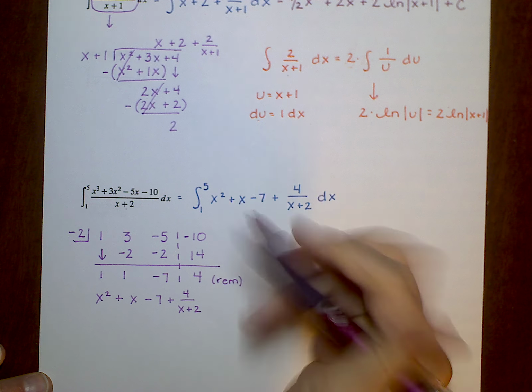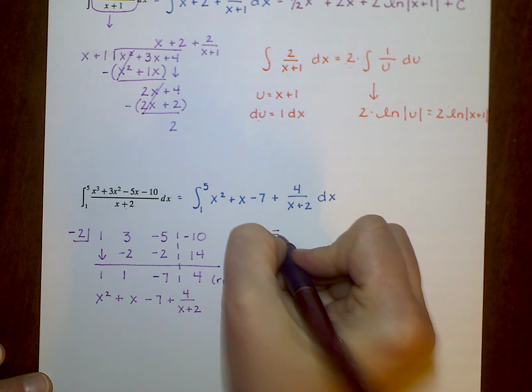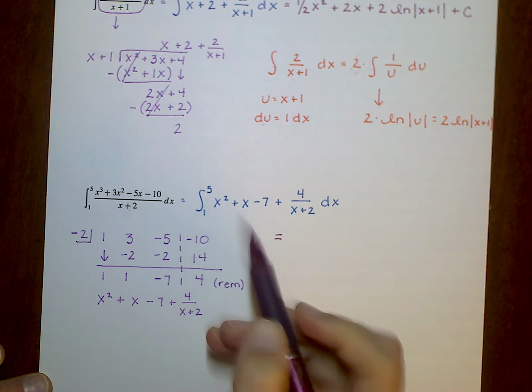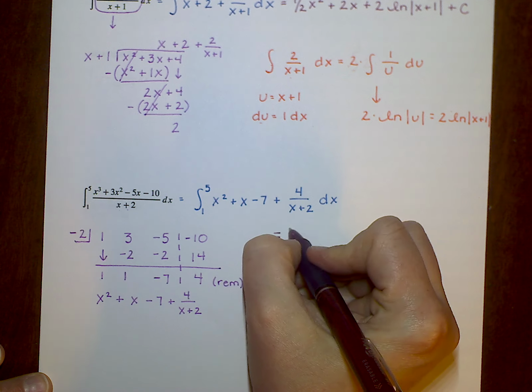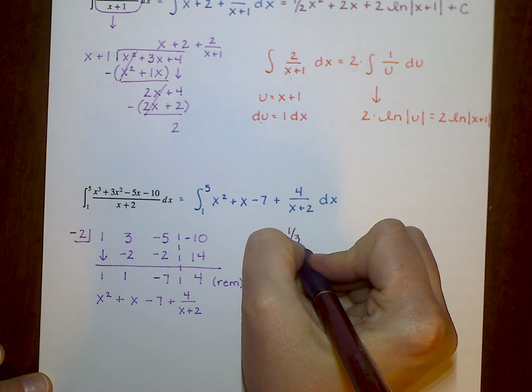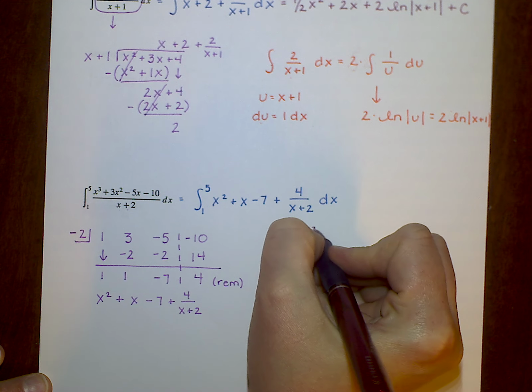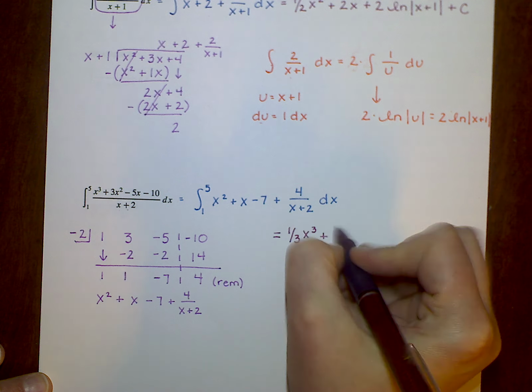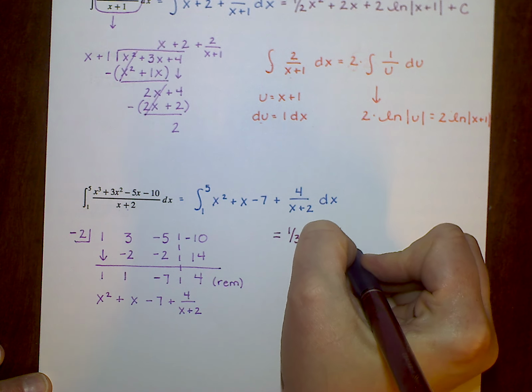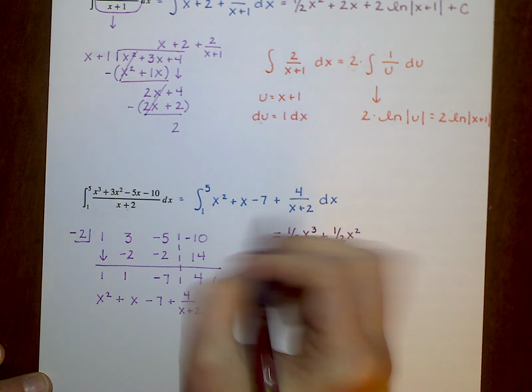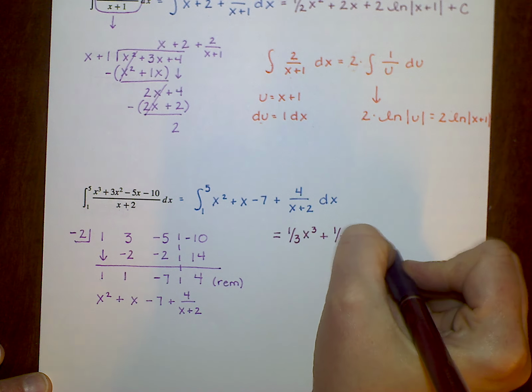I might jump down here just a little bit for my antiderivative. So my antiderivative of x squared, I'm going to add 1 and then divide. So 1/3 x cubed. Same thing with the x. So that's now 1/2 x squared minus 7x.